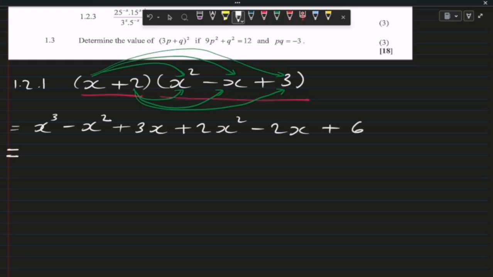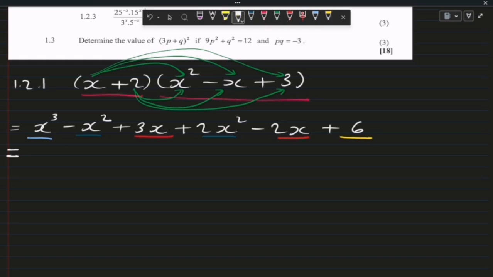Continuing. Now, what we need to do is add all the like terms. So the negative x squared and the 2x squared are like terms, and the 3x and the negative 2x are like terms, and then x cubed and the constant 6 do not have any like terms, so they won't be added to anything.